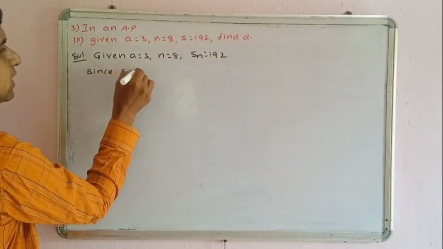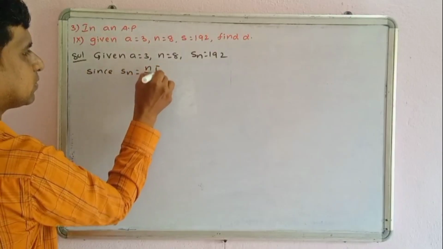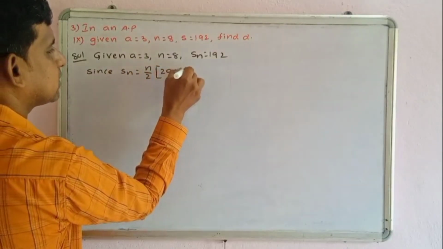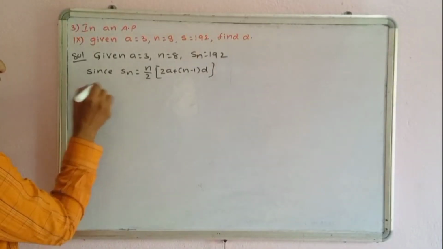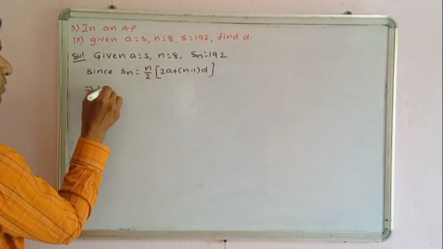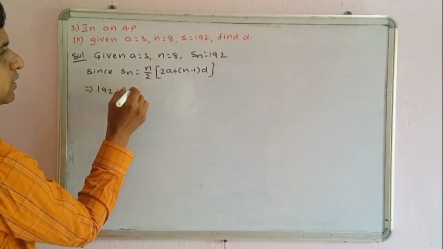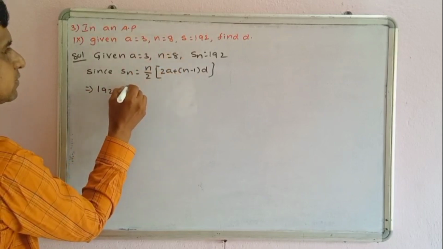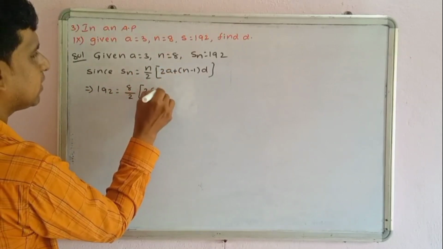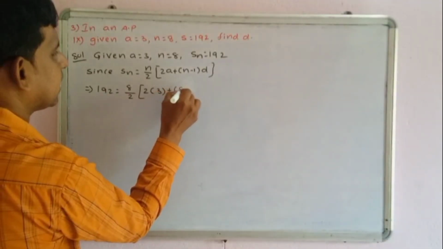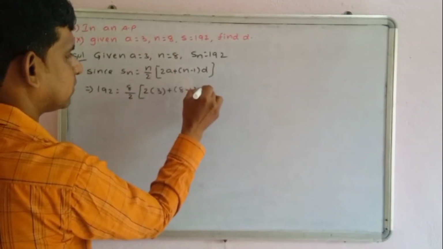Since Sn equals, what is the formula? n by 2 into 2a plus (n minus 1) into d. What is the value of Sn? 192 equals, here n value is 8, 8 by 2 into 2a, a value 3, plus (8 minus 1), n minus 1, into d.